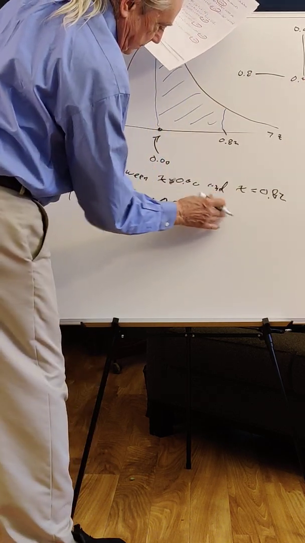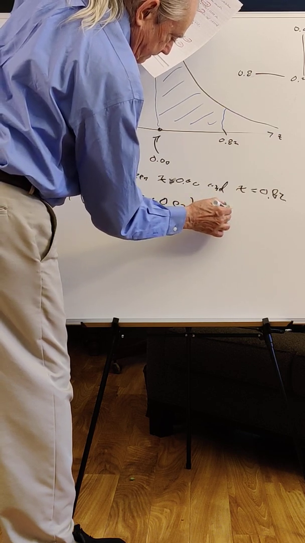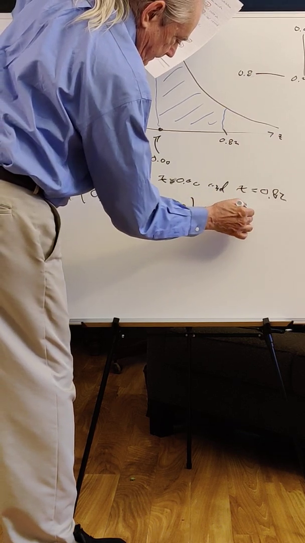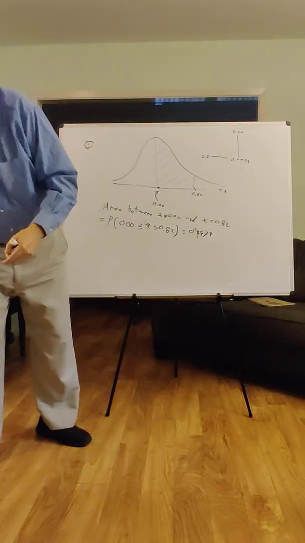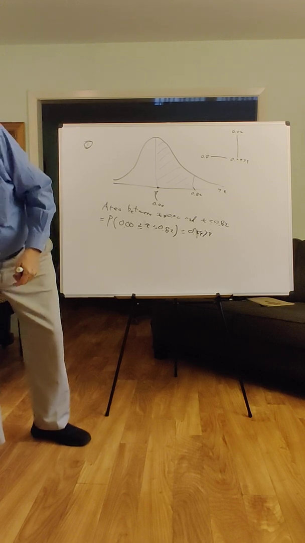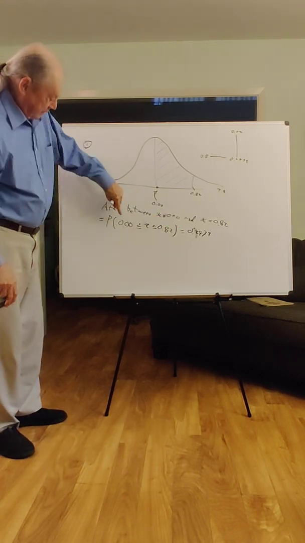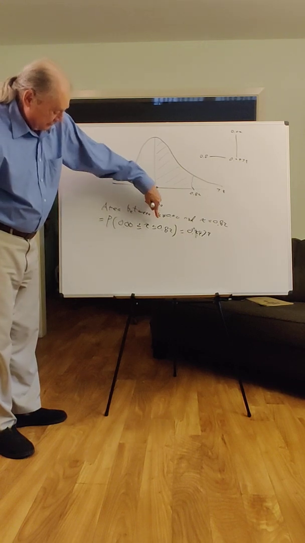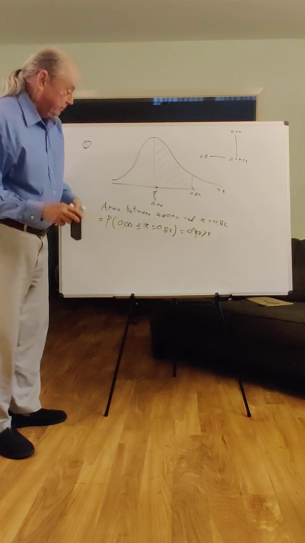Okay, that's our first problem. Sorry for my bad handwriting. 0.2939. So this is actually a probability value, as we'll see later. The probability that Z falls in the interval from here to here is 0.2939, about a 29% chance.